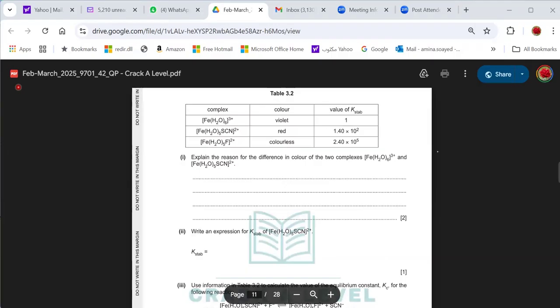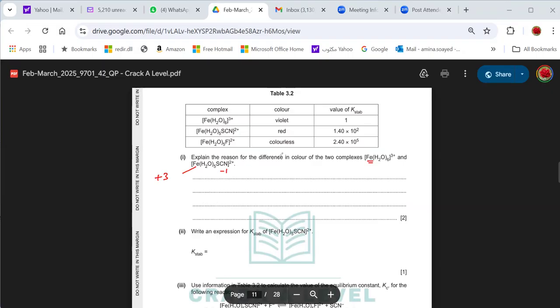Now, when we look at this complex, we will see that the thiocyanate ion has a charge of -1, and we have 5 water molecules that are neutral, which means that the iron here has the same oxidation number as that present in the hexaaqua iron 3 complex. So this means that the only difference here is the type of ligand bonded to the iron plus 3.